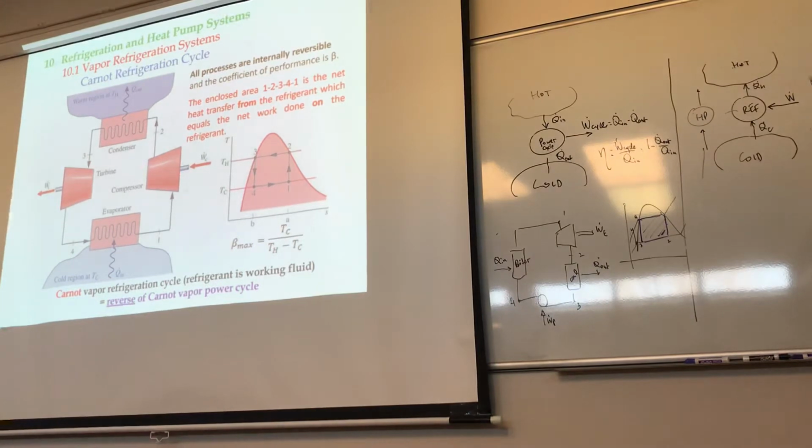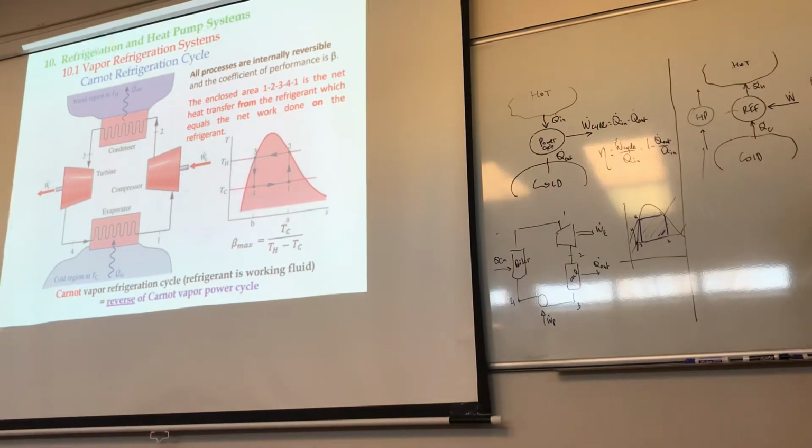But we're assuming that no such thing exists. And because this is a TS diagram, the net area under the curve represents what? It represents obviously the net heat transfer or the net work, because the two are equal when you're talking about a cycle. And here we're not talking about efficiency, but we talk about coefficient of performance. We call it max because the Q's now become what?